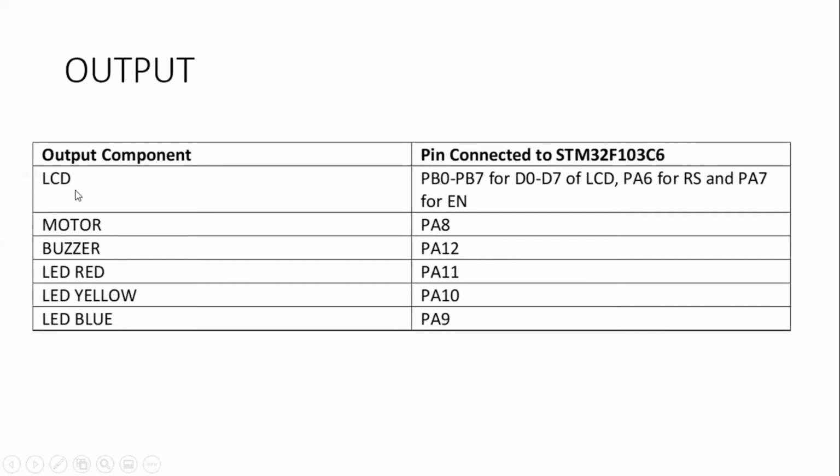First, the LCD device, which has these pins that connect to the STM32F103C, and then the motor on PA8, buzzer PA12, LED red PA11, LED yellow PA10, and LED blue PA9.